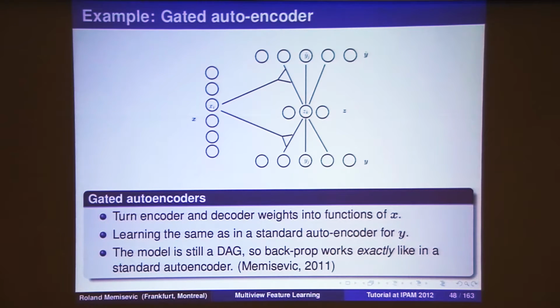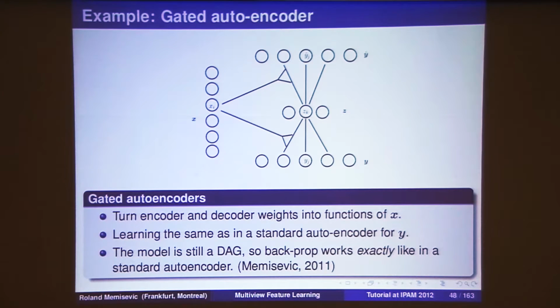What you see here is the autoencoder version of that. So you can train an autoencoder and get Gabors as well. If you want to turn an autoencoder into a conditional autoencoder, all you have to do is take your weights, which can now be different in the decoder and the encoder, and define them to be linear functions of x, and that's it. If you look at the inference, how to compute the z, you get the same idea as before: the bilinear expansion, and a bilinear function here as well.